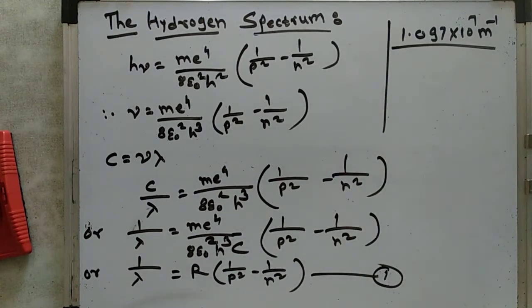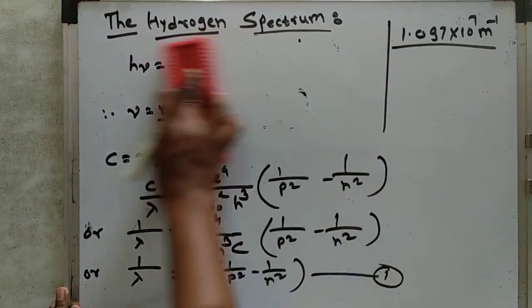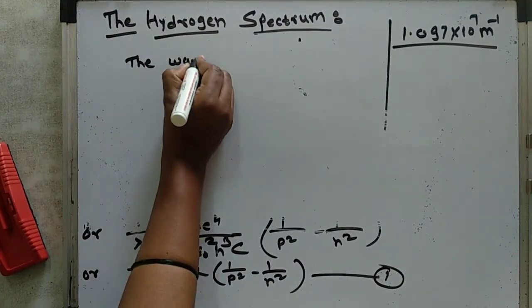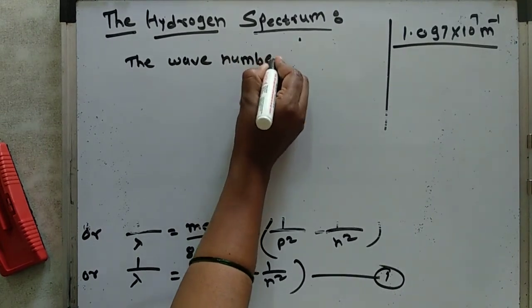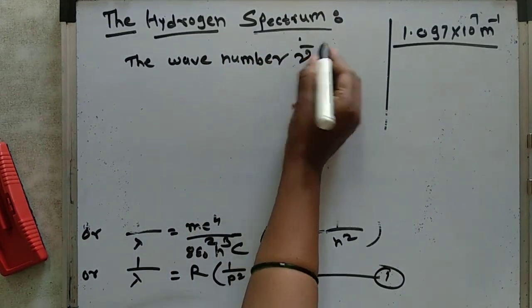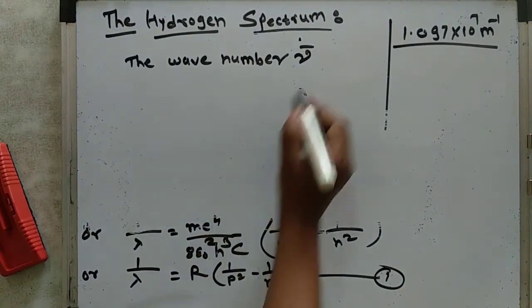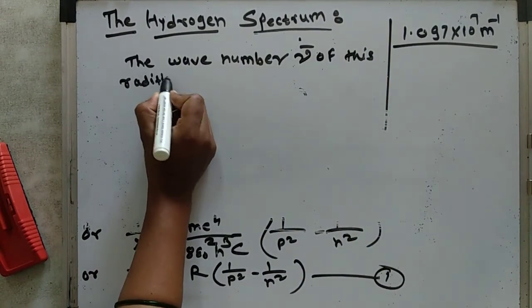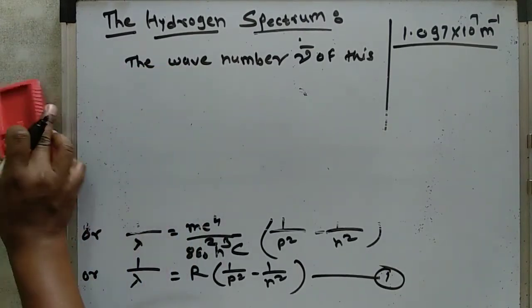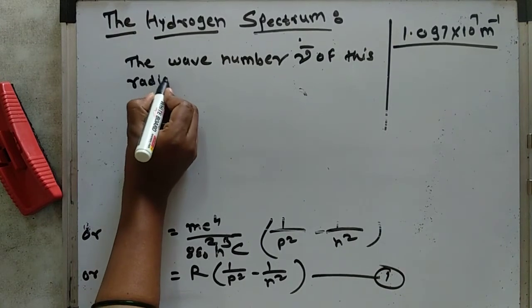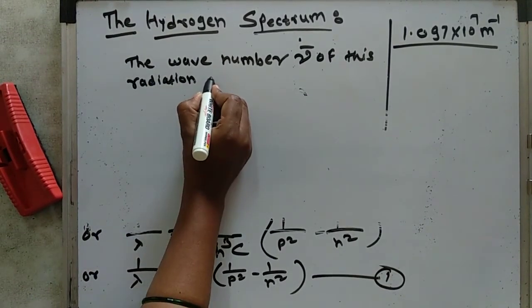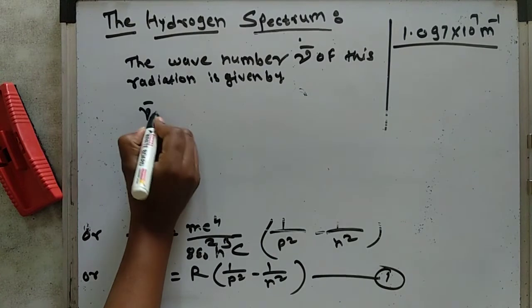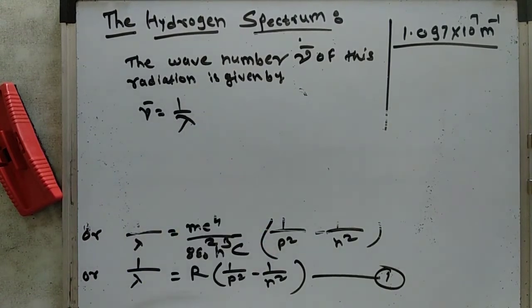The wave number nu bar of this radiation is given by nu bar equals 1 upon lambda.